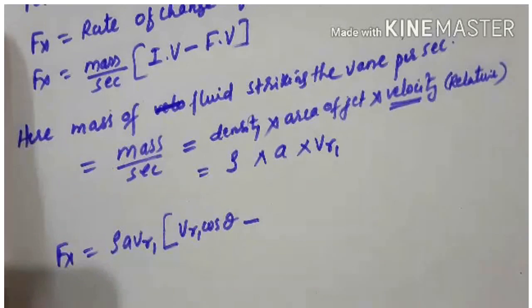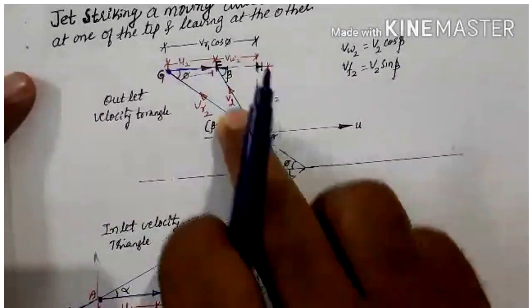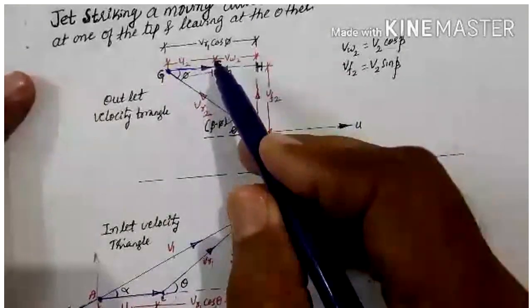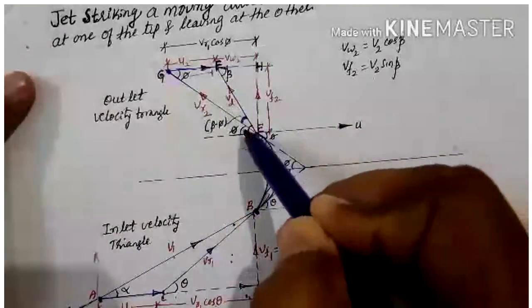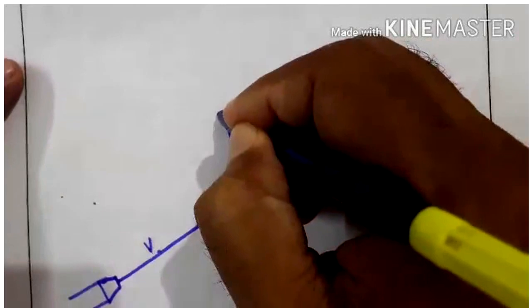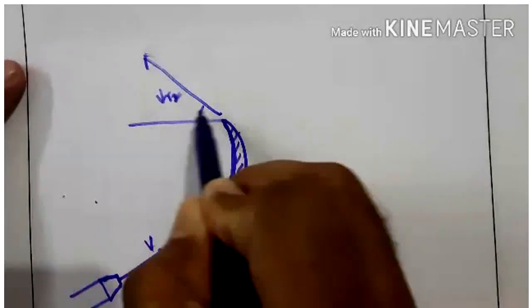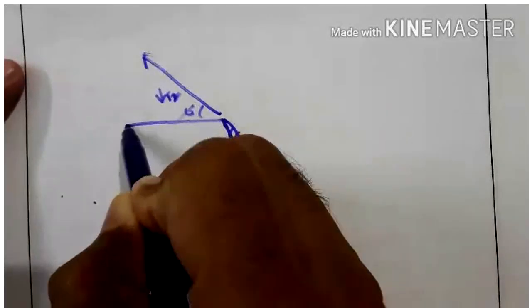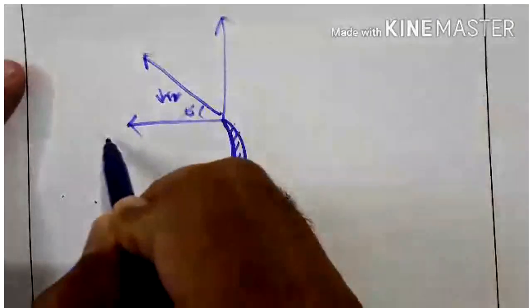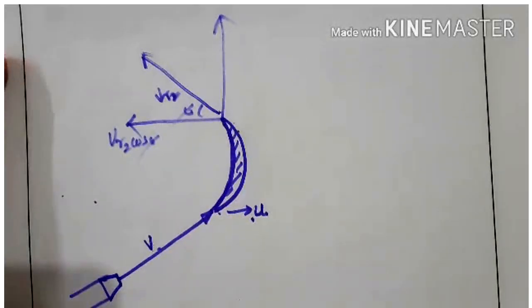For the final velocity, again you have to look at the outlet velocity triangle. This is the initial velocity, and for the outlet velocity you have to take VR2 cos phi. This is VR2 exiting. Again you have to resolve at outlet. Similarly here at outlet, when it is exiting like this with VR2, making an angle of phi here, when we resolve this, this is one component, this is the other component, and you get VR2 cos phi.